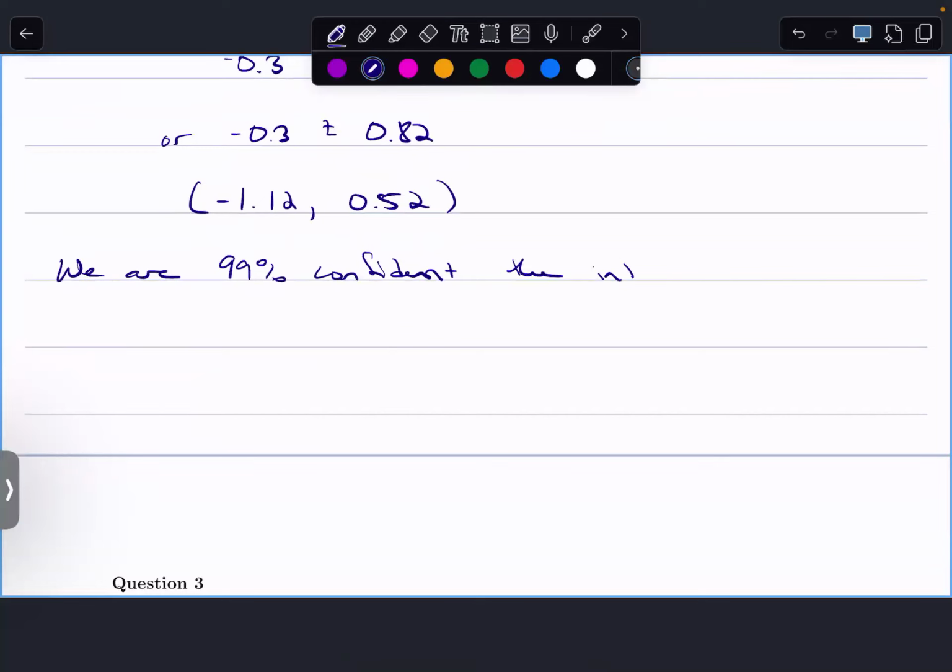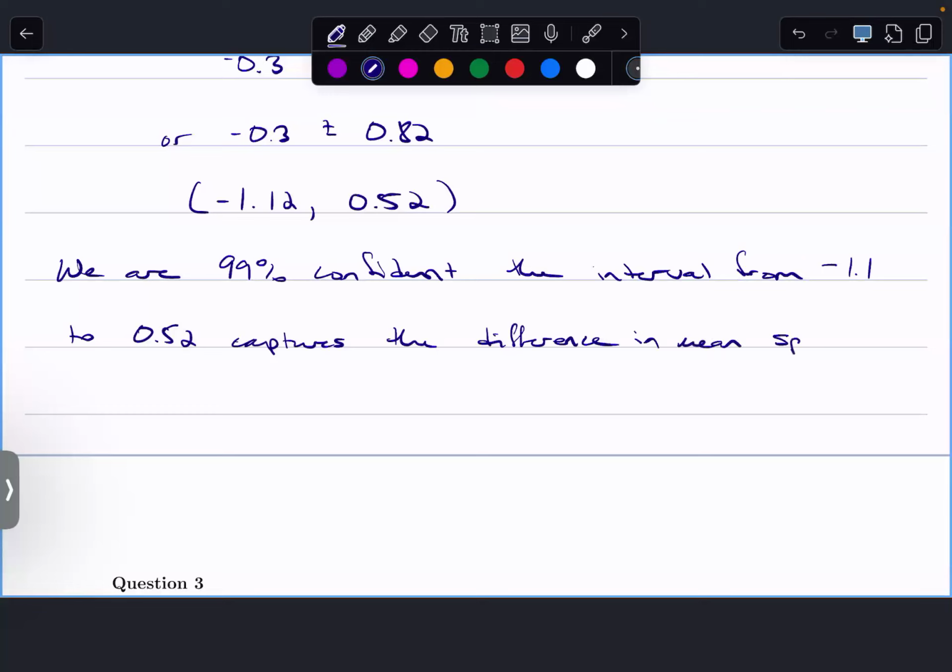The interval from negative 1.12 to 0.52 captures the difference in mean speeds.